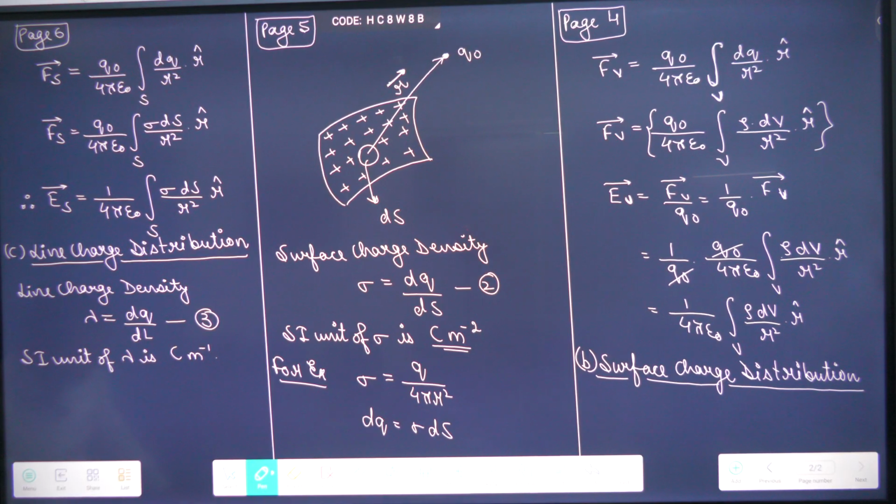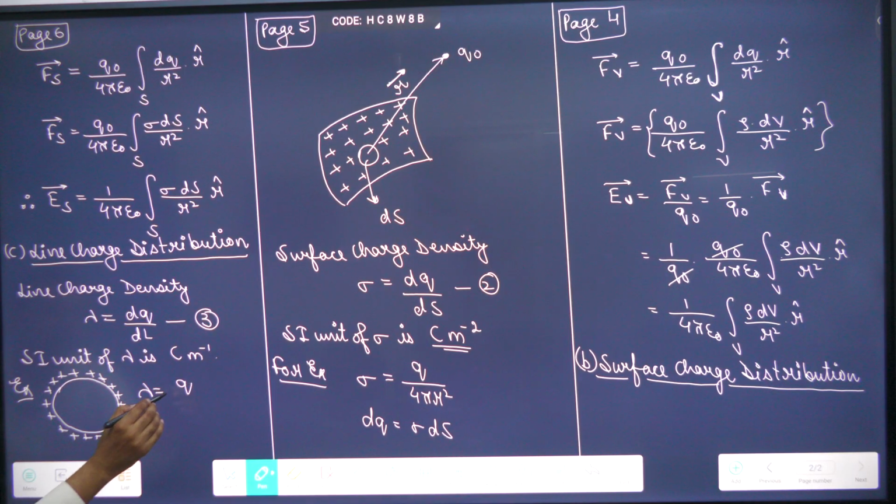For example, if a charge Q is uniformly distributed over a ring of radius r, then its linear charge density lambda will be as follows. The entire charge is distributed along the circumference of this ring.